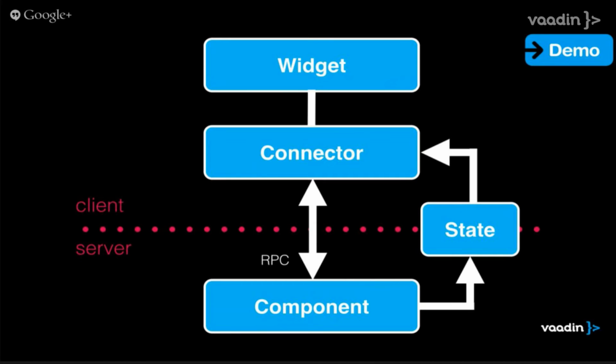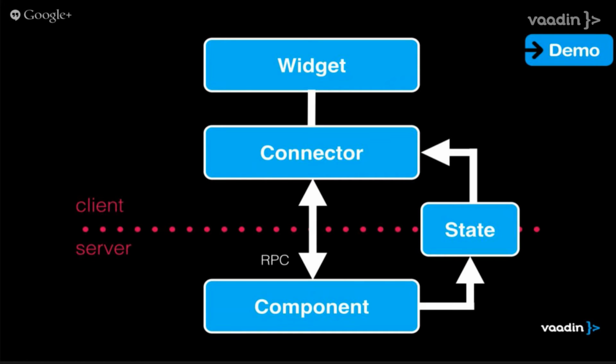And for that, we built 2 different communication channels. The first one is RPC. This is pretty much the same as in GWT-RPC, but it's a bit simpler to use because it's just one directional while GWT-RPC is bidirectional. Let's get back to that in a bit. But then there is a super powerful way to send data from the server to the client side called state.